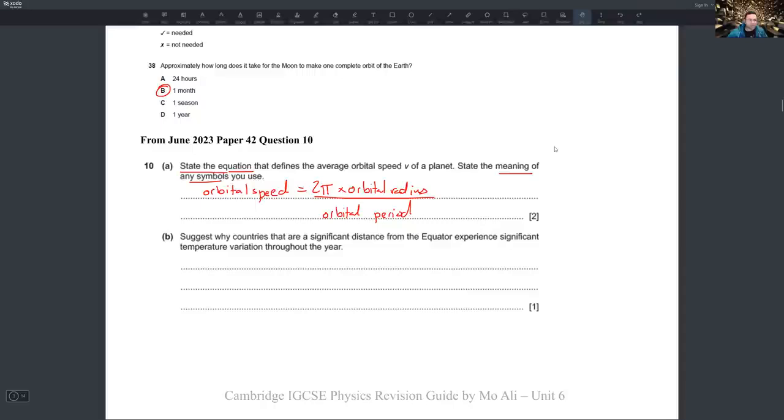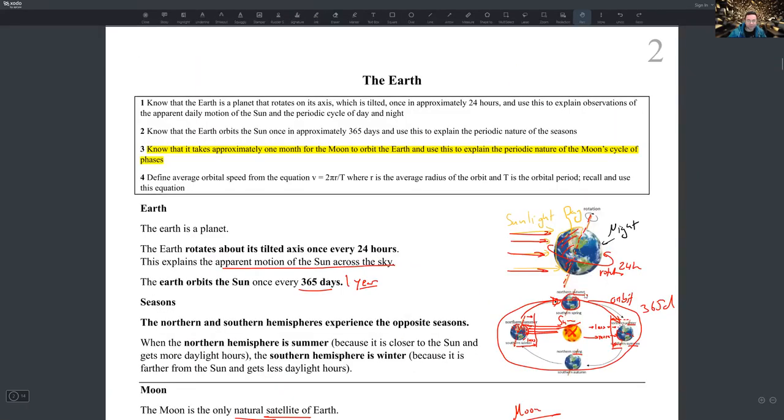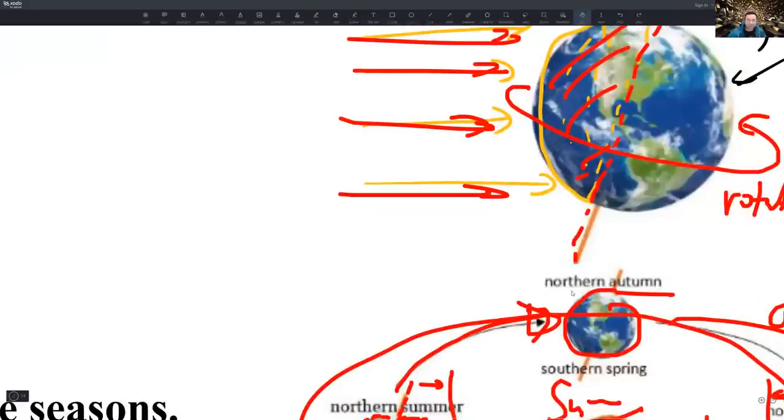Suggest why countries that are a significant distance from the equator experience a significant temperature variation throughout the year. Now, this is a good question. It's very close to what seasons are. Look at this: here's the equator.